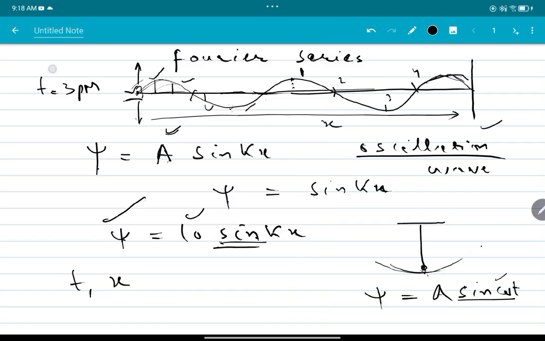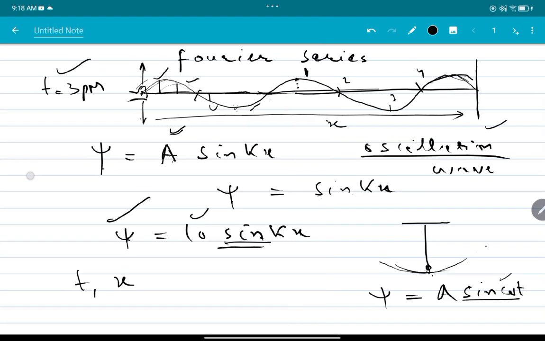With x. Now, if you relax this condition so that you don't keep time fixed, suppose you watch 1. Let us now fix x. How to fix x? Focus only on one particle of the string. Let me focus on 1. When I focus on 1 only, I don't look towards 2. I don't look towards the left of 1. I simply look at 1.